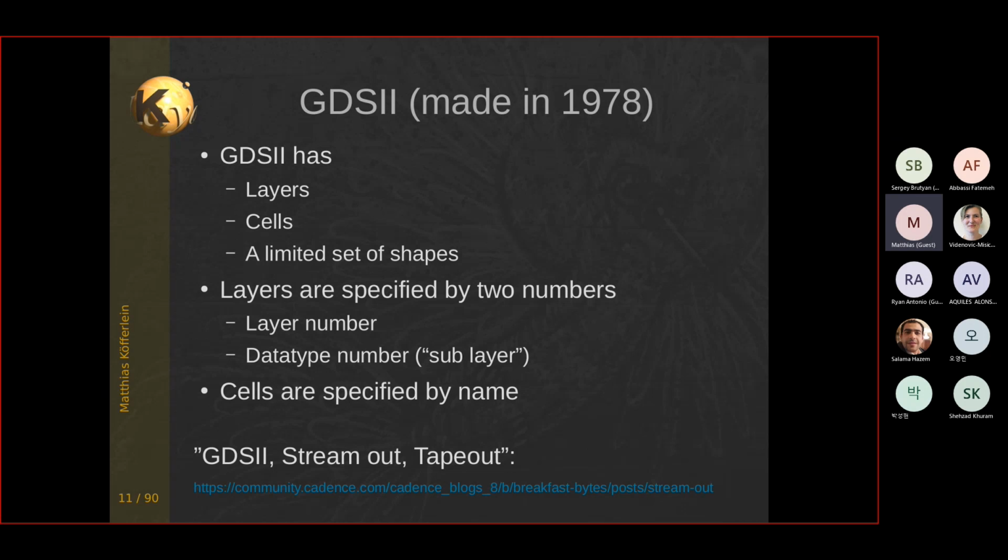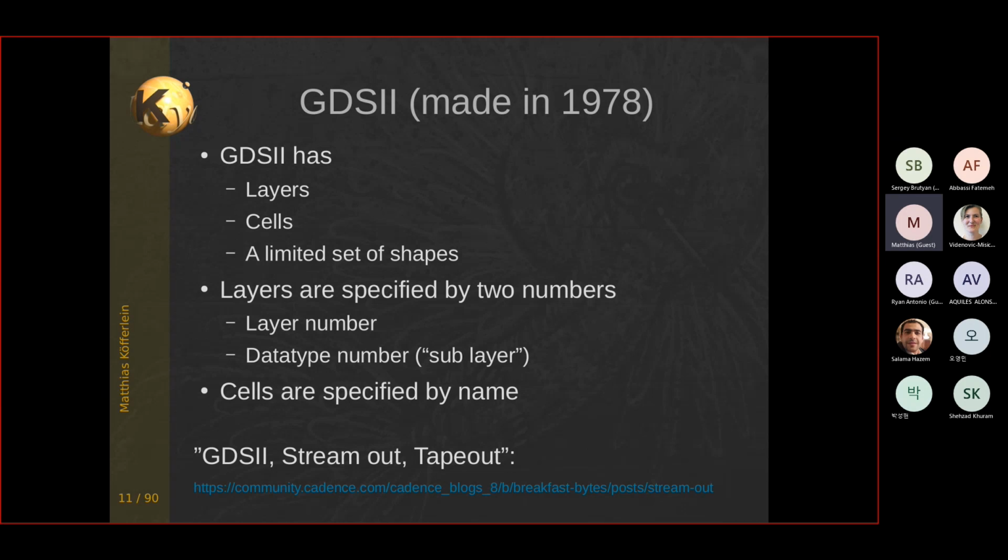Usually you don't directly send it to the mask maker, but to the person doing the MPW for you or some intermediate agency. But basically GDS is a file for mask layouts. And the nice thing about KLayout is that you can directly view, edit, and modify GDS files.